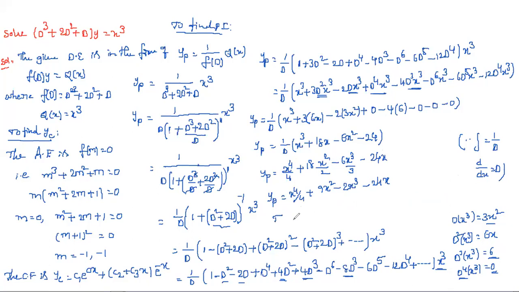So therefore the complete solution is y is equal yc plus yp. So both you need to substitute. Yc is this and yp is this, where c1, c2 and c3 are arbitrary constants. So this is the process for applying if q of x is a polynomial.